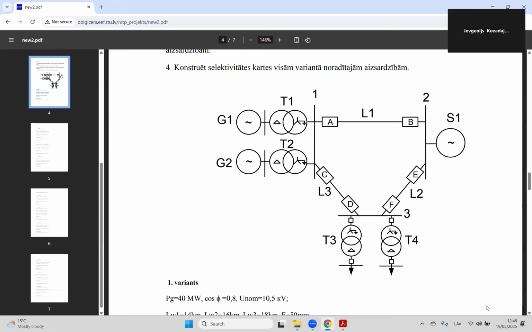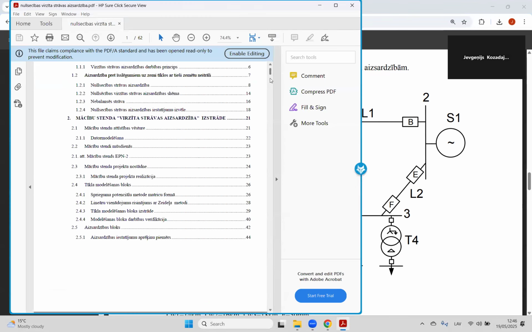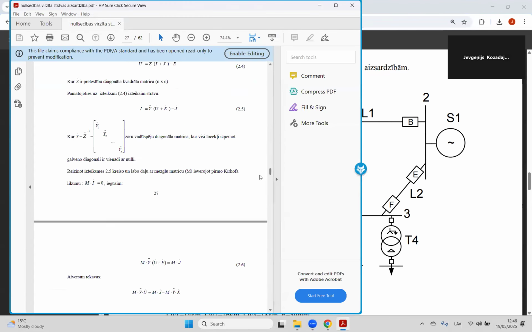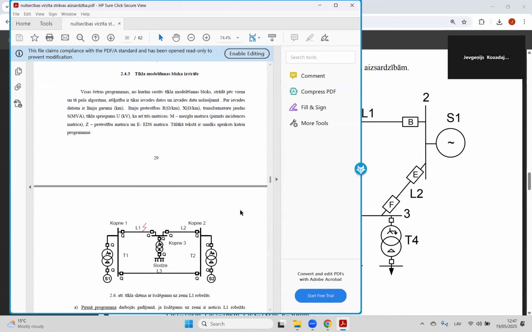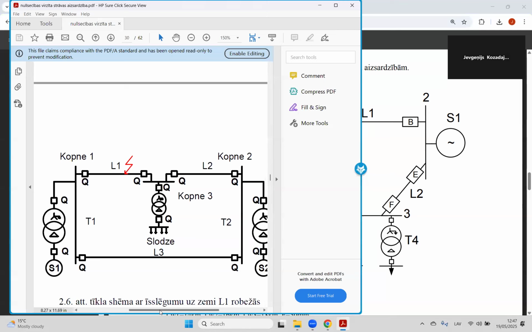Okay, so this is how your homework task network looks. For our discussion, I'll use a slightly different network, similar but a little bit different. Okay, I'll use this one.